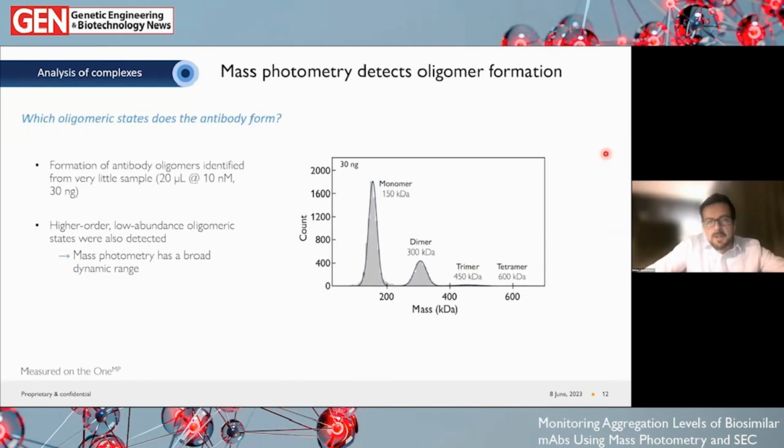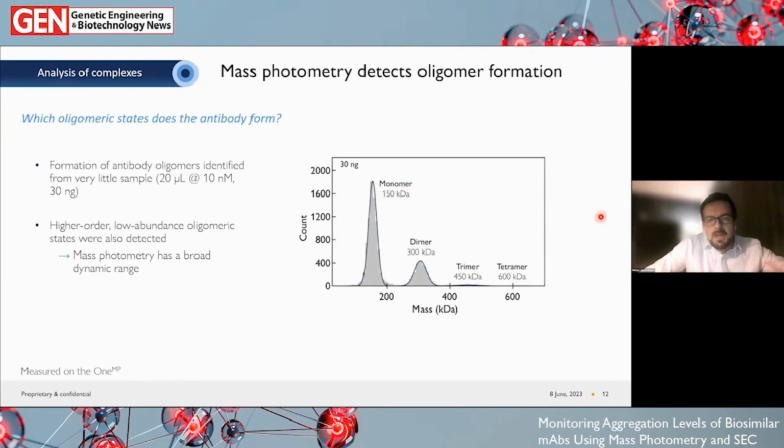You can also use it for looking at oligomer formation. So this is an HIV antibody, 2G12. We can see that in solution, even in just a very small amount of sample in a relatively small volume, it forms a range of different oligomeric states. The monomer is clearly the predominant form, but we can also see dimers, trimers, and tetramers.